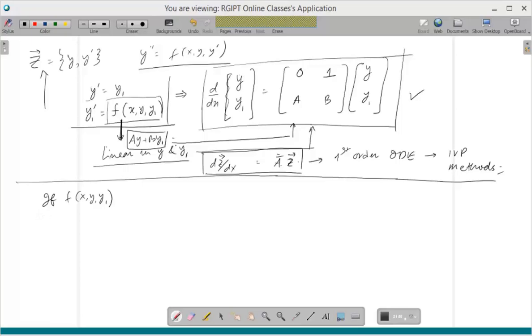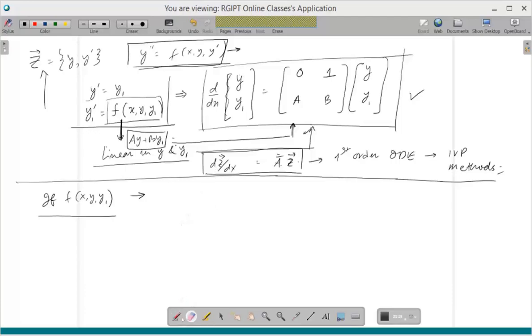So if f(x, y, y') in the equation y double prime is in a general form, maybe having x multiplied with y, etc., here I did not specifically consider x dependency. But now I can consider it.